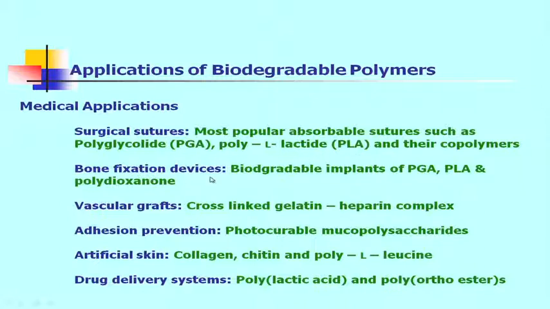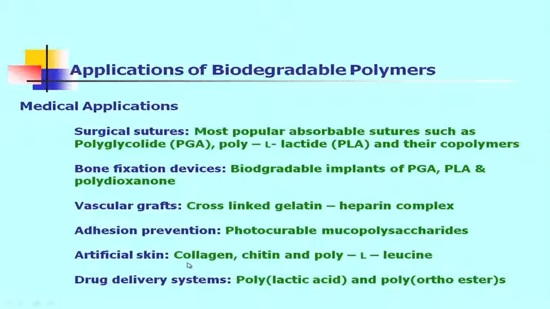Bone fixation devices are made from polyglycolic acid, polylactic acid and polydioxanone along with other materials. Vascular grafts are made from cross-linked gelatin heparin complex. Adhesion prevention was also used during surgery. These are photocurable mucopolysaccharides which are used.